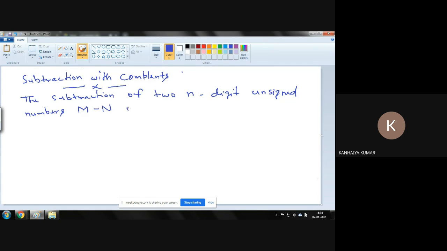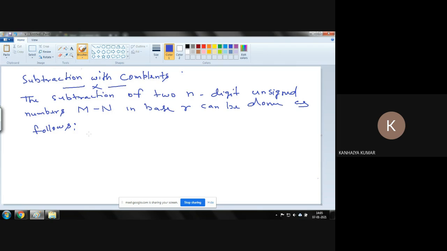In base r, base or radix, both are similar, subtraction can be done as follows. I am telling you the method of subtracting two positive numbers. So this is the operation now. m and n are positive numbers.